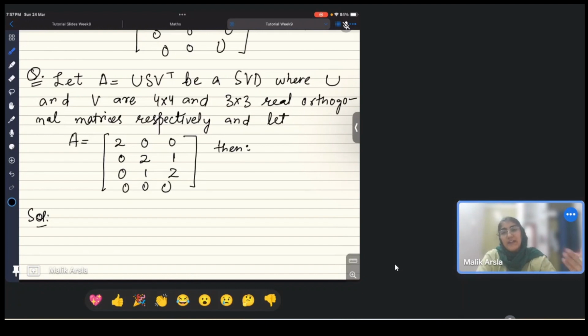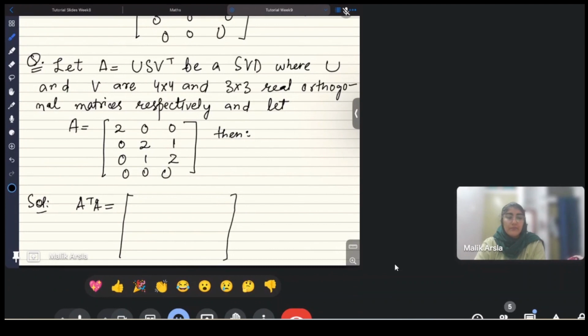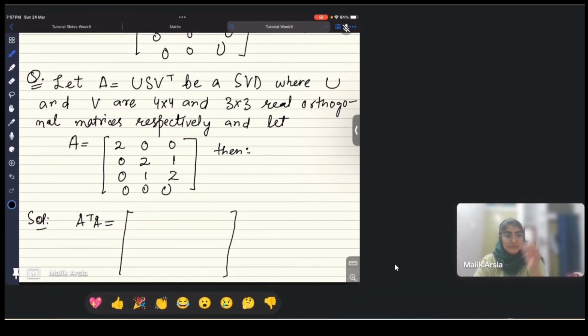So first we will find A transpose A. Everyone quickly do it. Tell me what A transpose A is coming out to be. 4 0 0, 0 5 4, 0 4 5.